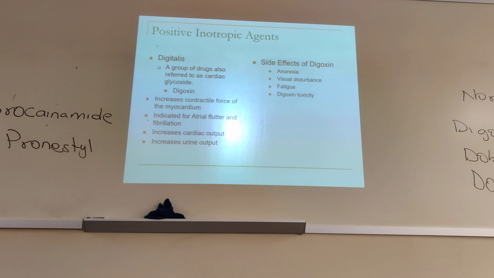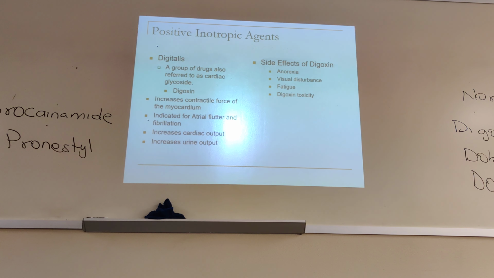So now, positive inotropic agent. You gotta remember digoxin. Sometimes if they don't say digoxin, they will say the class that digoxin belongs to. They may say digitalis. Somebody is having CHF, what would you give?